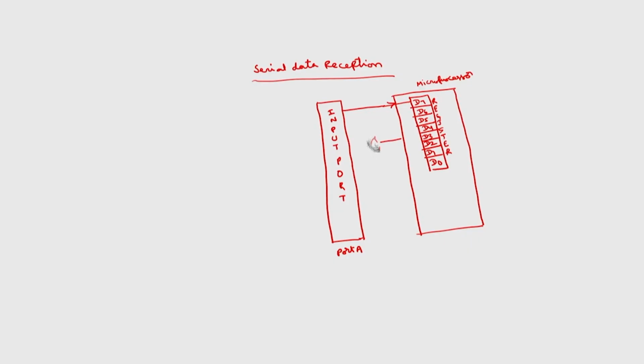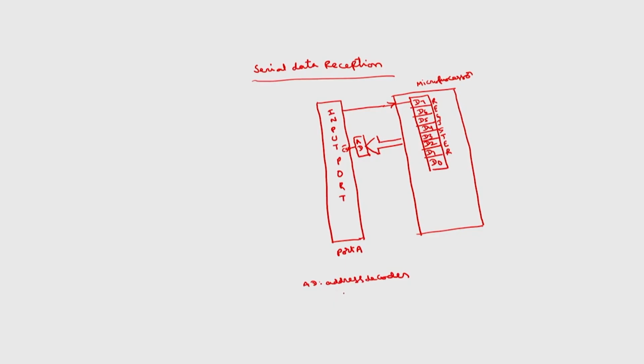Like in the previous program, we assumed that the port A address is FCH. That FCH, or whatever the address will be, is generated by using this address decoder. This will connect to the chip select signal. This is the address decoder, AD stands for address decoder. It is going to decide the address of port A, port B, port C, whatever the logic inside this.